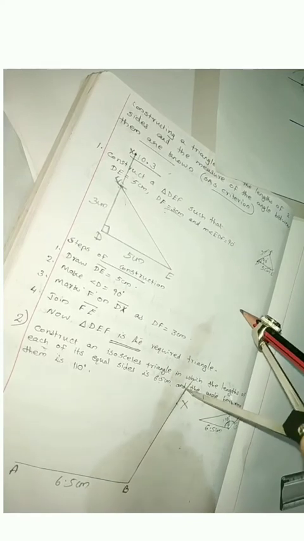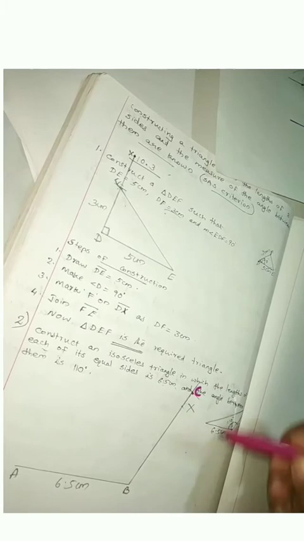Now keep the compass point on B and draw an arc to cut our side BX. So now here is 6.5. So we can name this joining point as C. I joined with a pink pen. Now we can join this C and A.